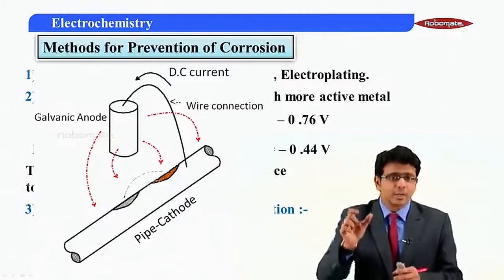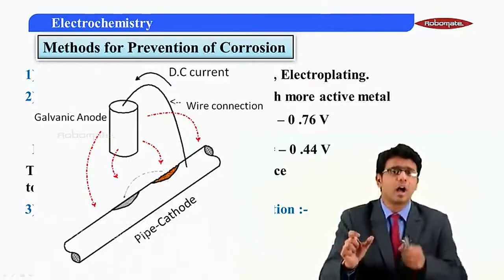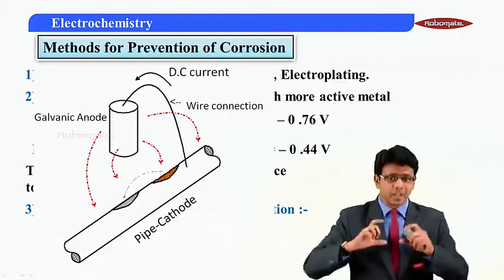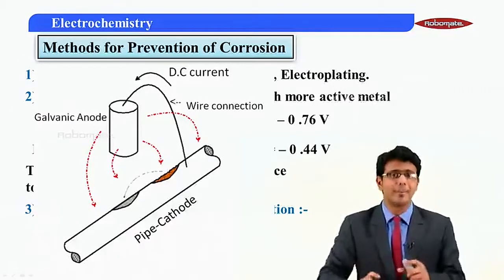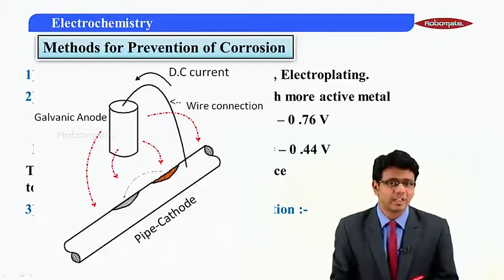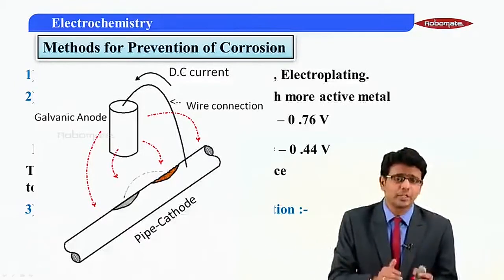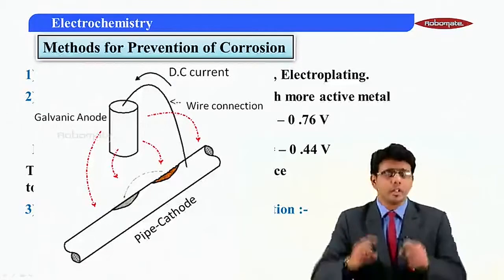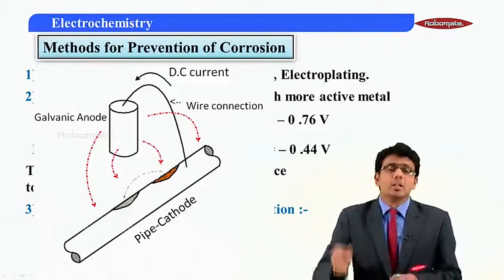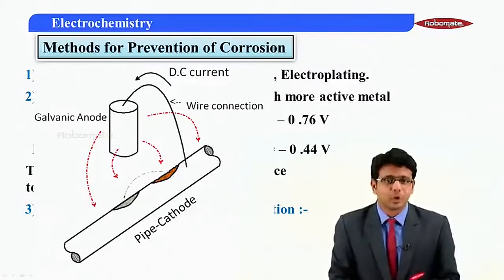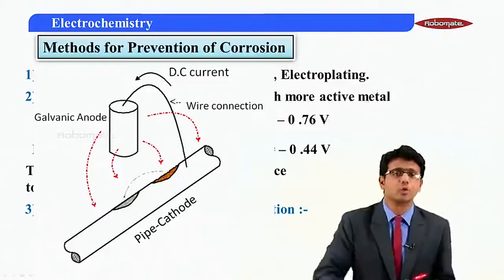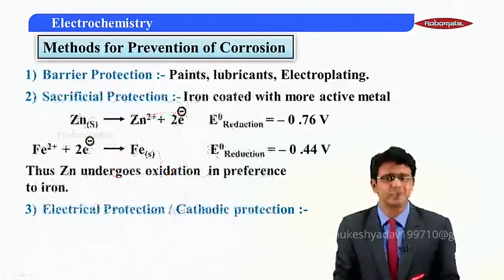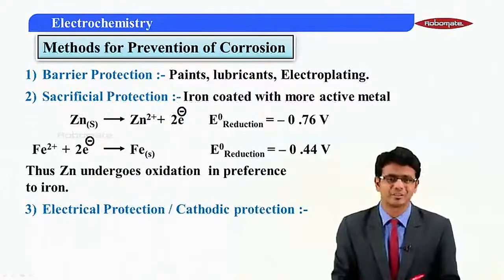And that active metal, because it has the higher oxidation potential, will behave as anode, and eventually the underground pipe will be compelled to behave as cathode. Alright, and we all know that at the cathode reduction takes place. So we avoid the oxidation of the underground pipe by converting it into a cathode. Alright, and how do we do it? By connecting it to the more active metal. So I hope students you have got a clear idea with respect to the electrical or cathodic protection.